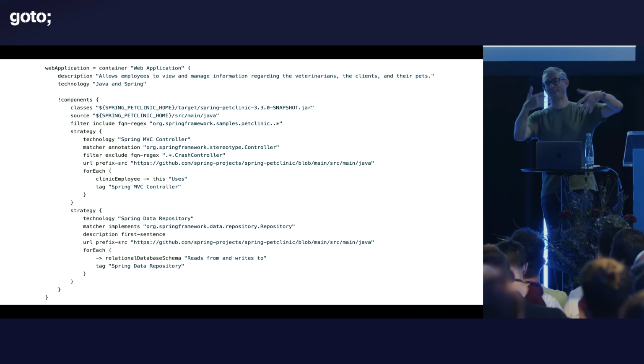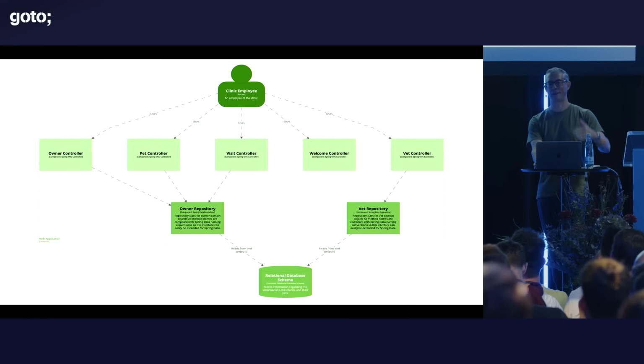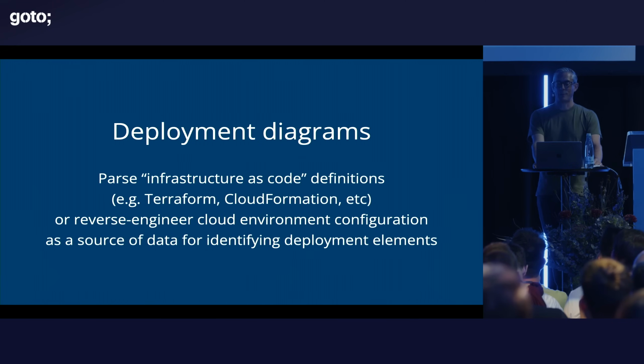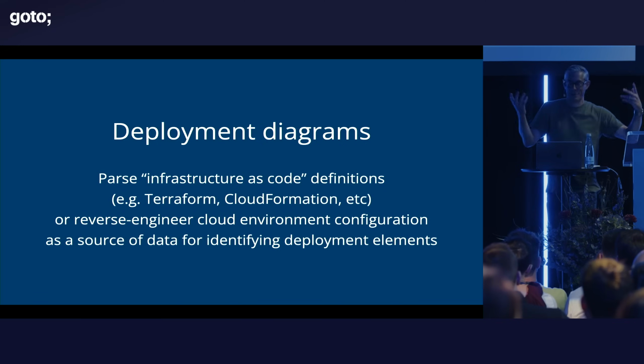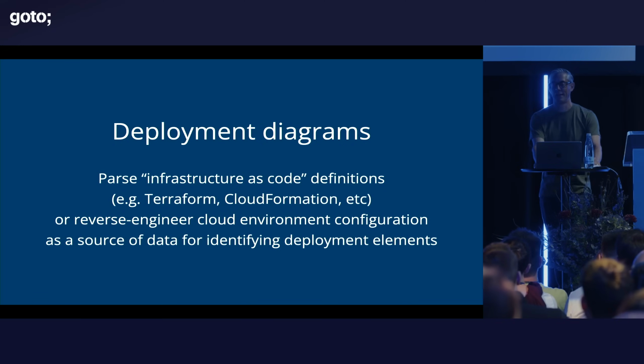It figures out all the dependencies between these things, and that little bit of code generates this diagram from a real code base. So there are some things you can do today that allow you to kind of really use techniques in the real world. Similarly with deployment diagrams. Parse your Terraform, your CloudFormation, your AWS configuration, and use that to generate deployment diagrams. I have no tooling to do this for you, unfortunately, but we're developers, we can probably build this ourselves.